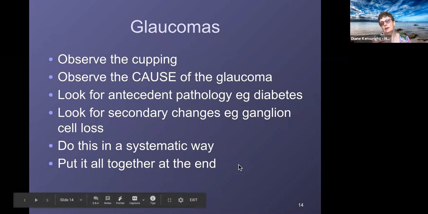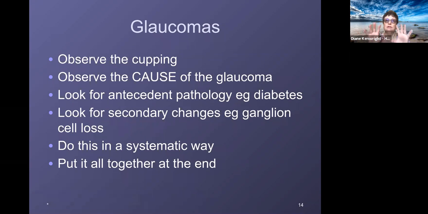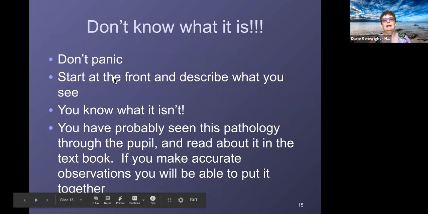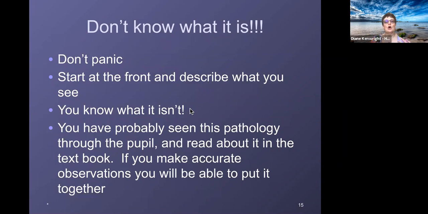So often with glaucomas, you're fishing around a bit at first, trying to work out what causes it, and then you've got it, and then you go to the back of the eye. Okay. Right, sometimes you still don't know what it is, right? So it's getting the maximum amount of points possible. Don't panic. Start at the front and describe what you see, because you know what it isn't.